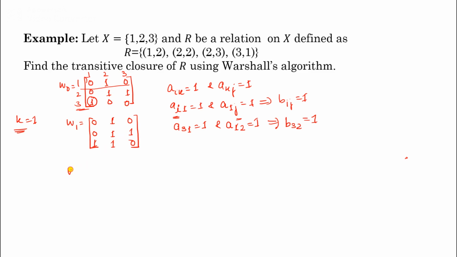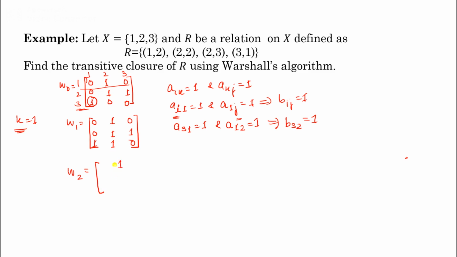Okay, now we have to find W2. The elements of W1 are Aij and the elements of W2 are Bij. With the help of these elements, we have to find the elements of W2.